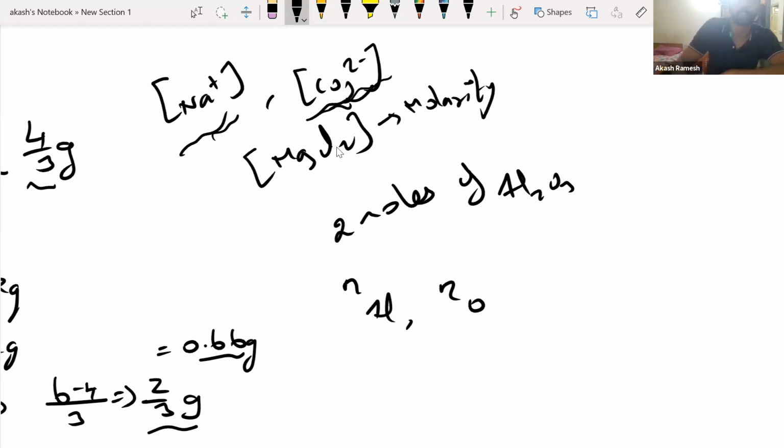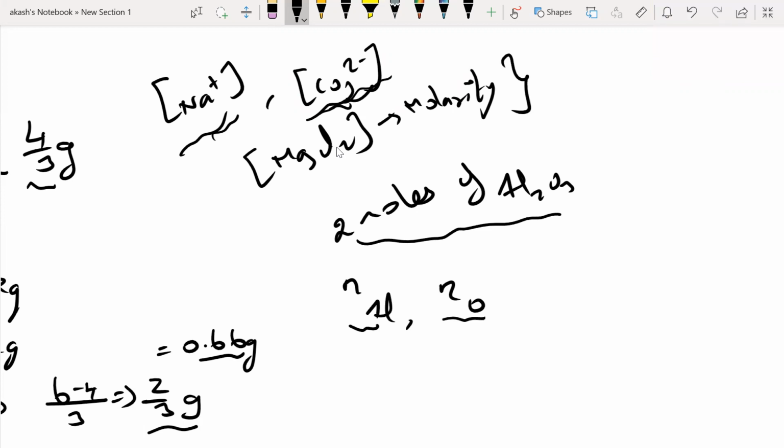We will come back to this question later. Now answer this question. I have 2 moles of Al2O3. What is the number of moles of aluminium and the number of moles of oxygen present? The number of moles of aluminium is 4 and oxygen is 6. Correct, right?